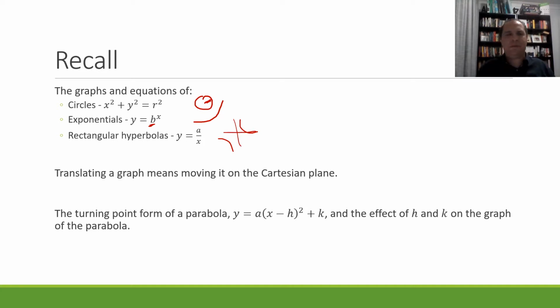Some other things to remember. When we talk about translating, that means we're moving our graph. So we're moving it left and right, and we're moving it up and down. Now remember also the turning point form of our parabola, y equals a(x minus h) squared plus k, and remember the effect that h and k had on the graph of that parabola.